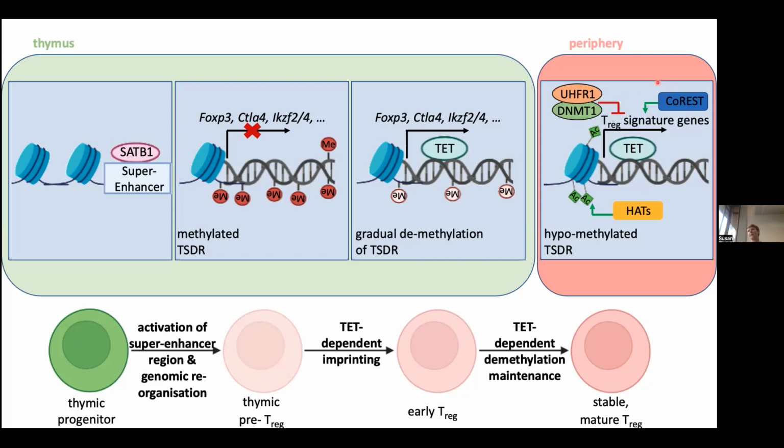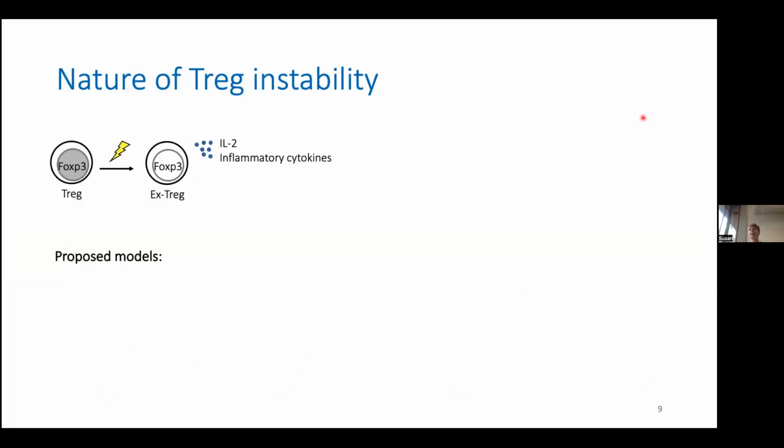CoREST is a repressor complex and is also involved in the repression of T helper genes. And with this, the Treg should be stable and should remain stable. But in fact, we find ex-Treg in normal mice. So what's the nature of this Treg instability?